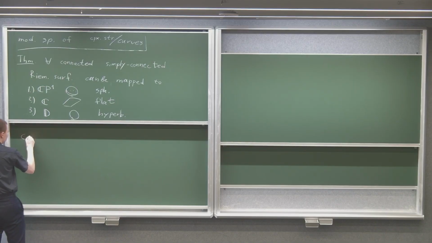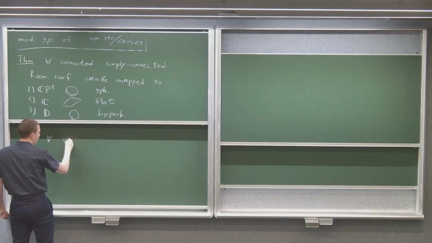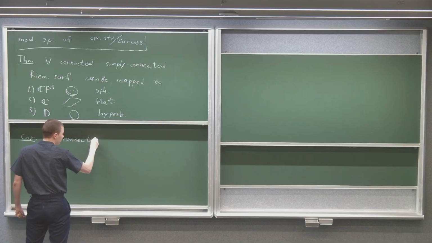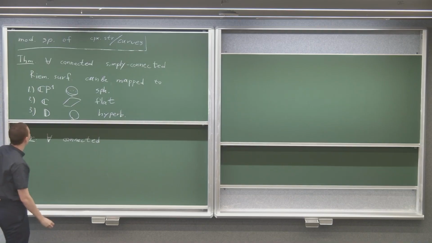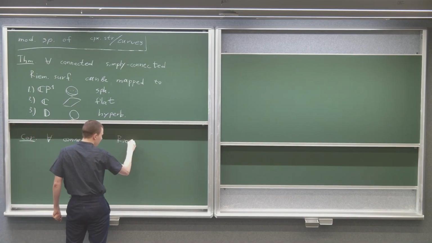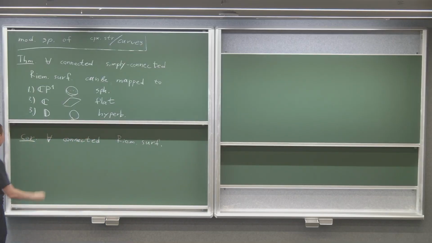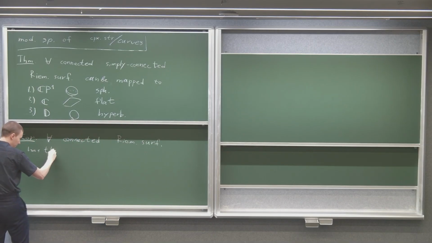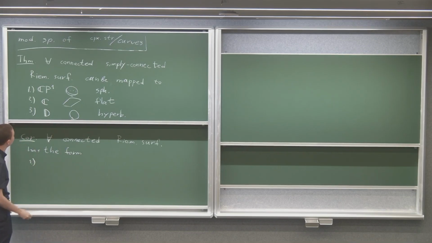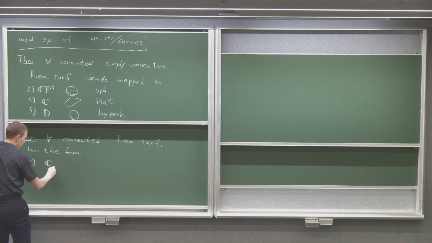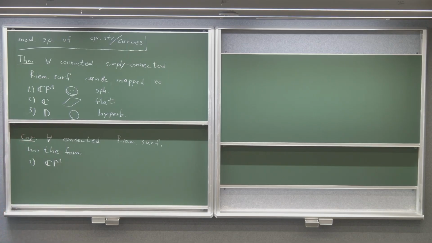Well, the idea is that any connected, not necessarily simply connected, Riemann surface has the form: one, just CP1.